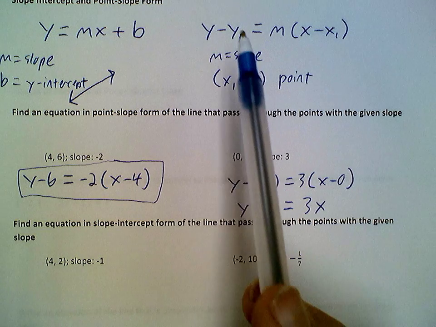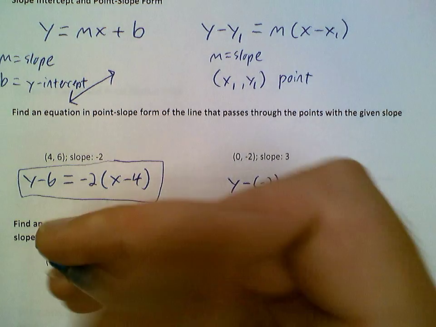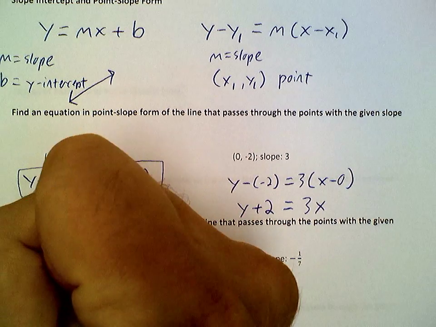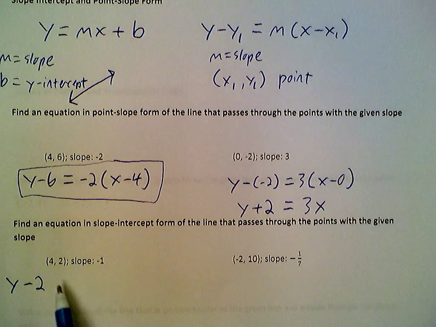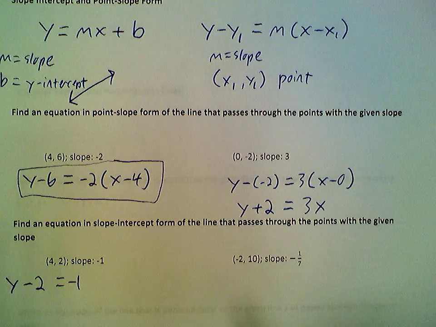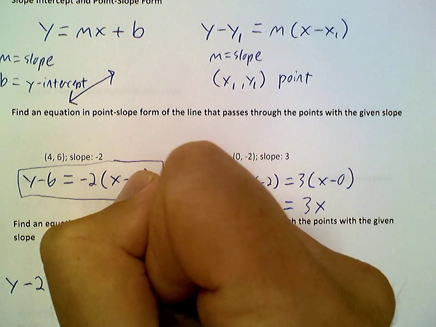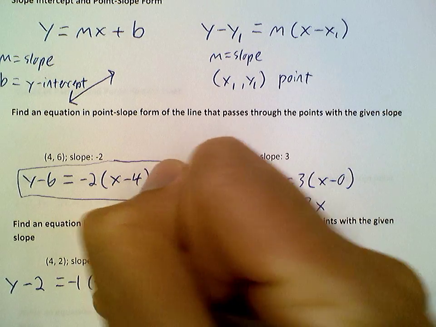So if I look at point slope form up here, I'm just going to plug these points into that. So I'm going to do y minus 2, because 2 is my y1, equals negative 1, because that's my slope, times x minus 4.